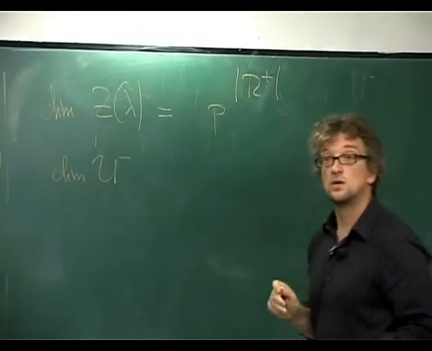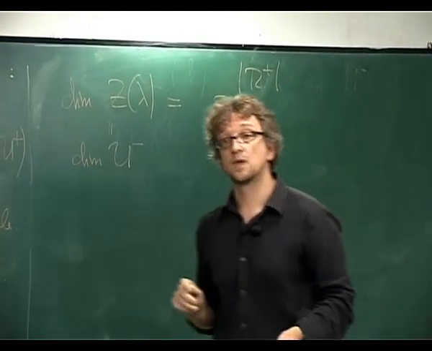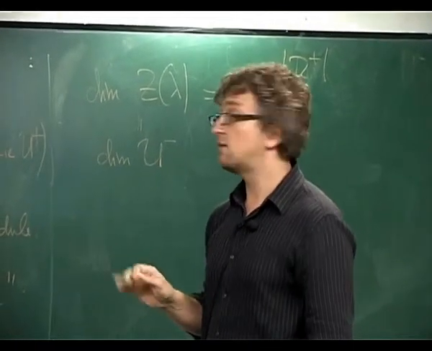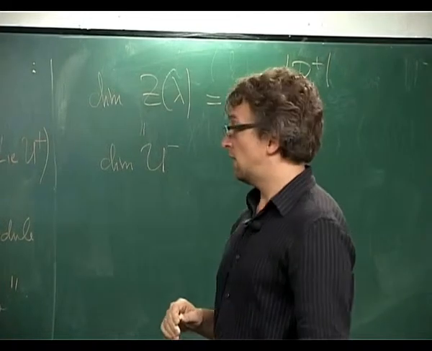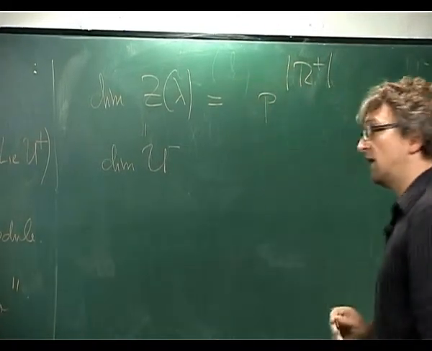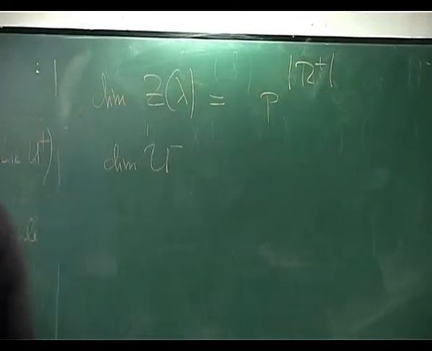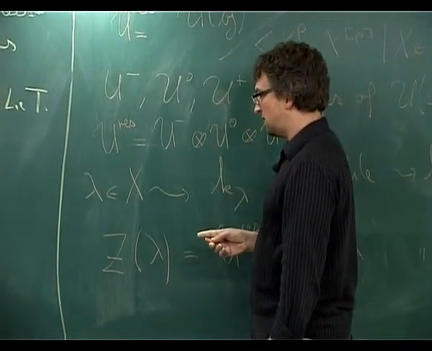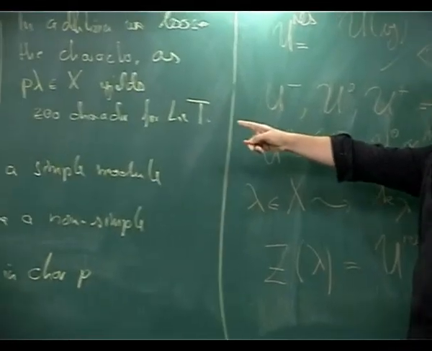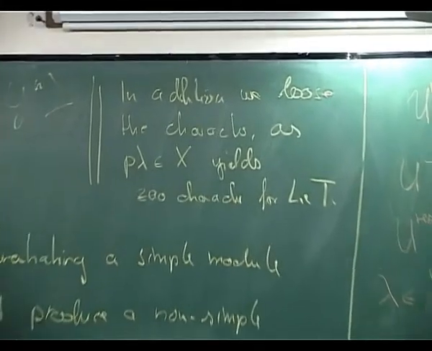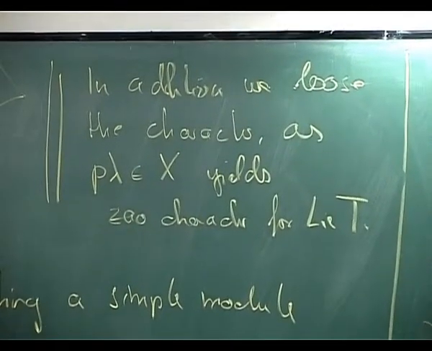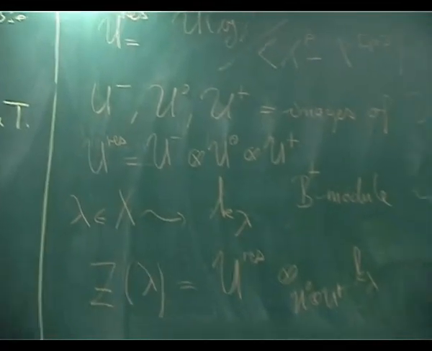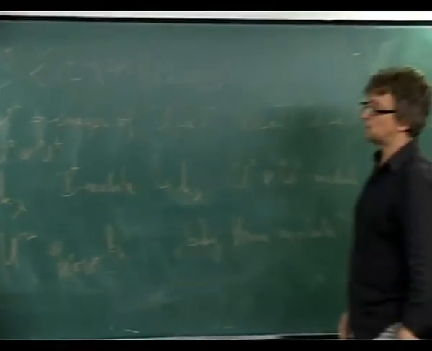And lambda is rho with the Steinberg? No, lambda is arbitrary. When lambda is rho, the Steinberg would be a module for the group, not for the Lie algebra. So it would be the Weyl module, this H0 rho.